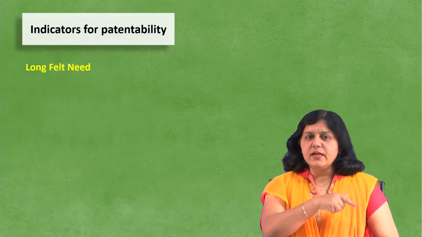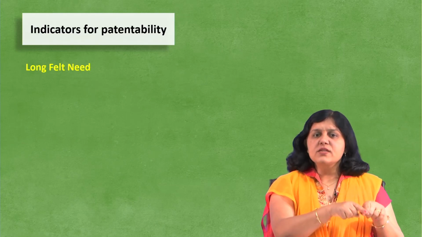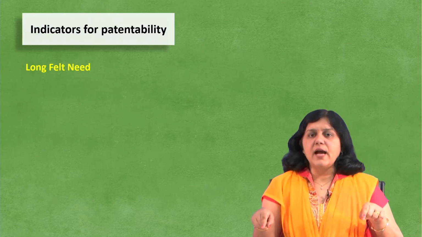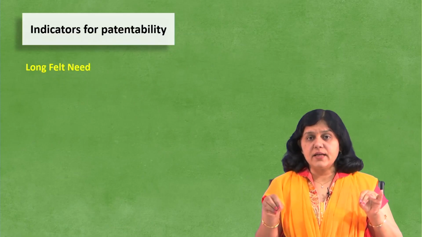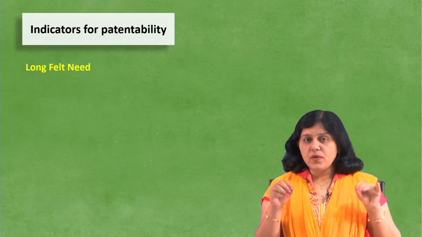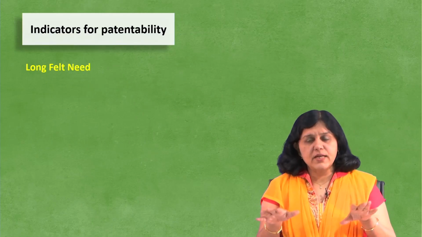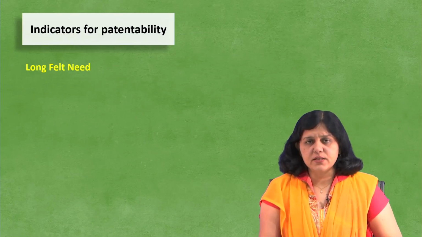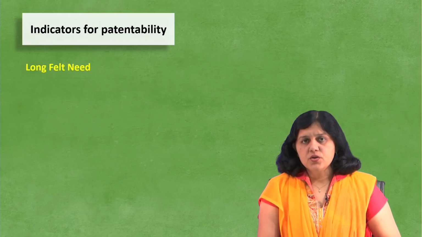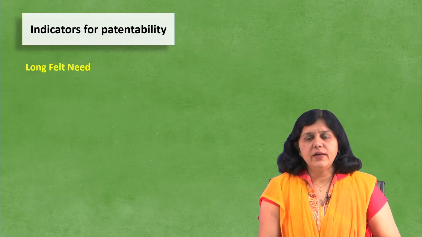Anticipation was like a product A, but actually it is a B, a substantial effect. All other criteria of patent are satisfied, and then obviously you can consider this for the patent. So this is for the long felt need.